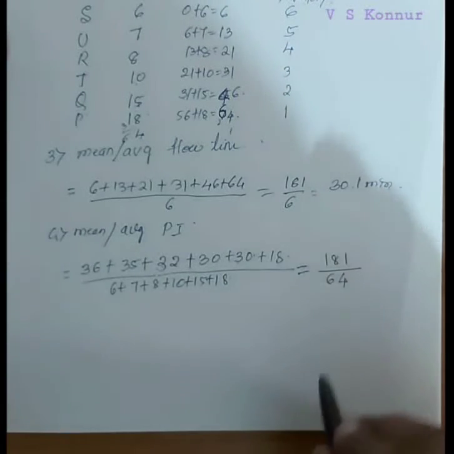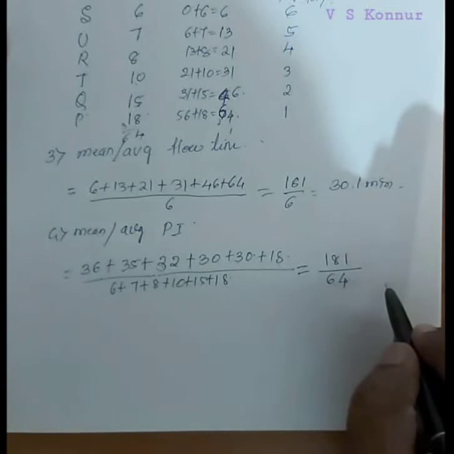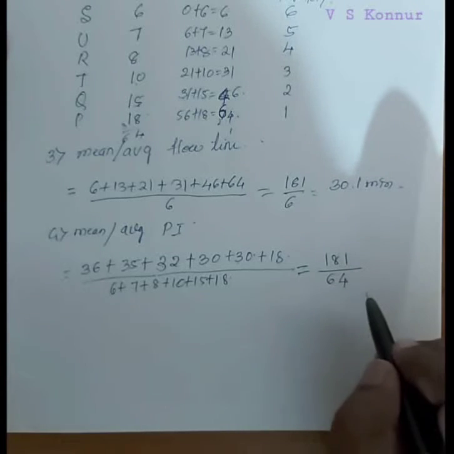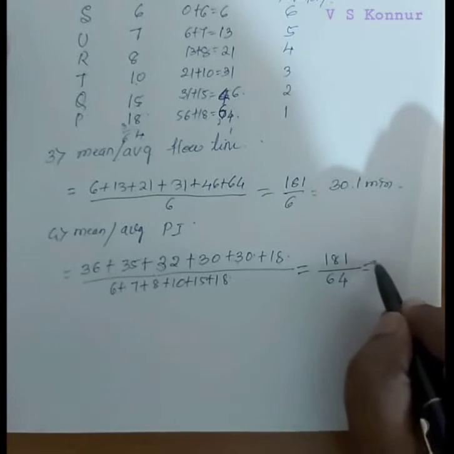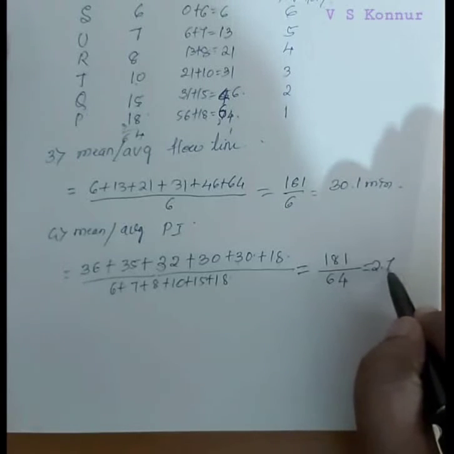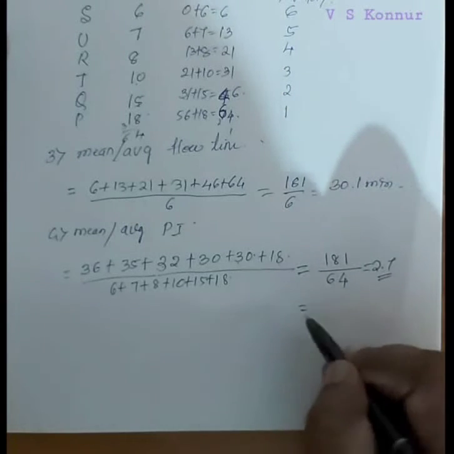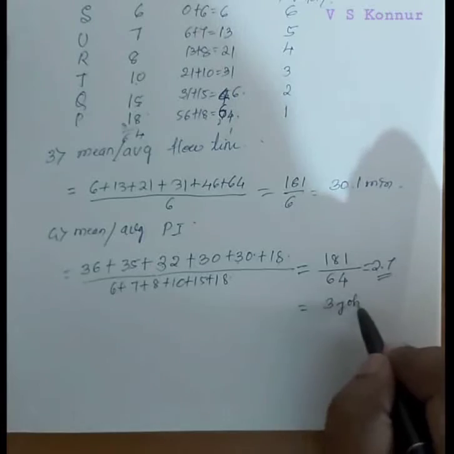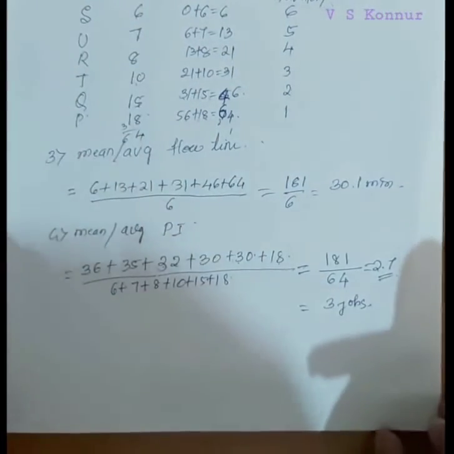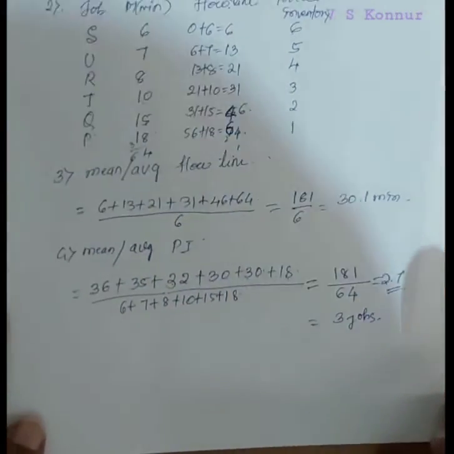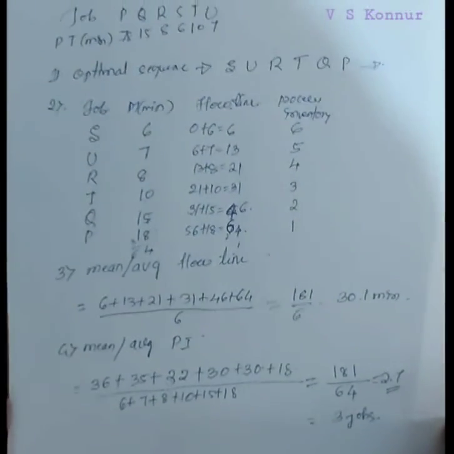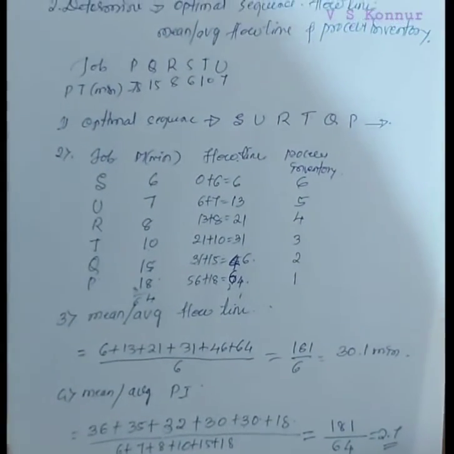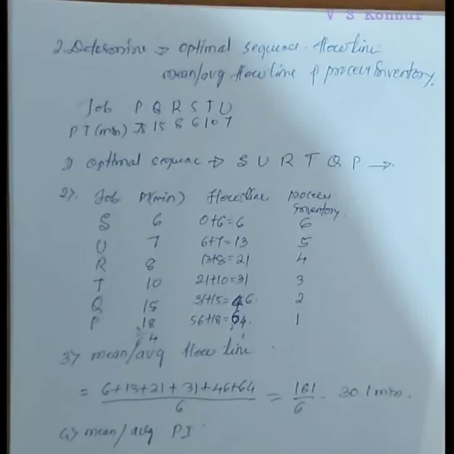So 181 divided by 64, we will get around 2.7. So we will take it as 3 jobs. Right, this is how to solve n jobs through one machine. We'll solve one more problem.